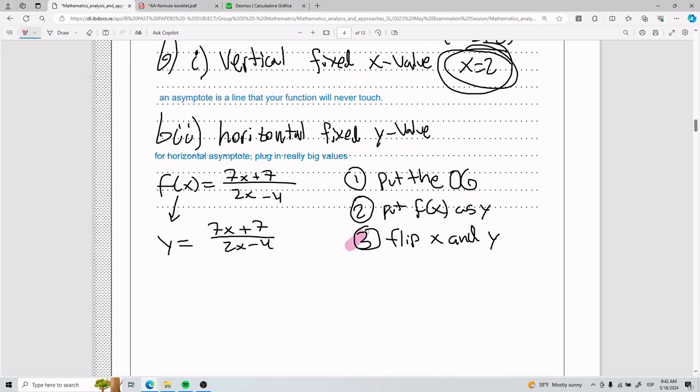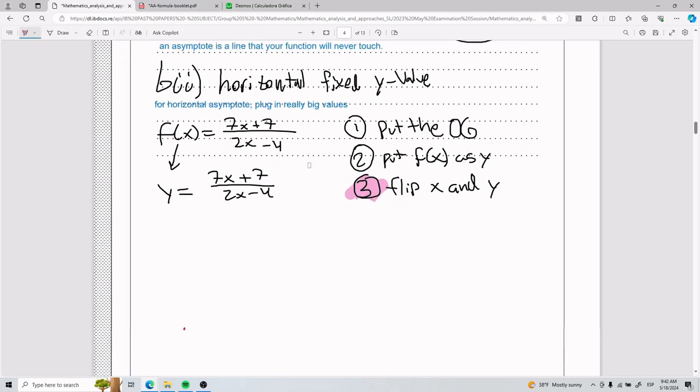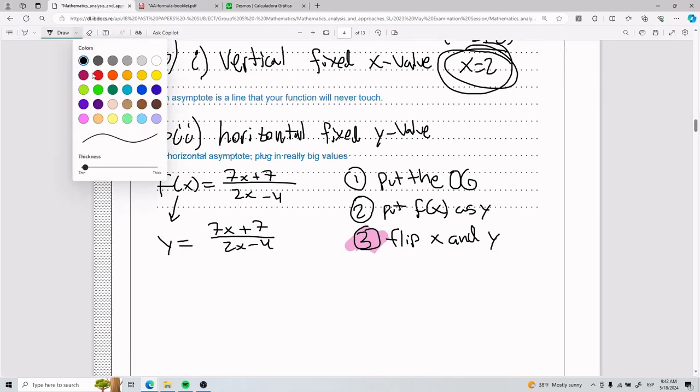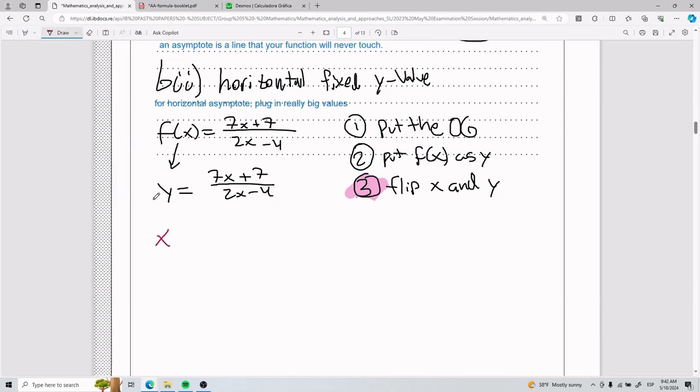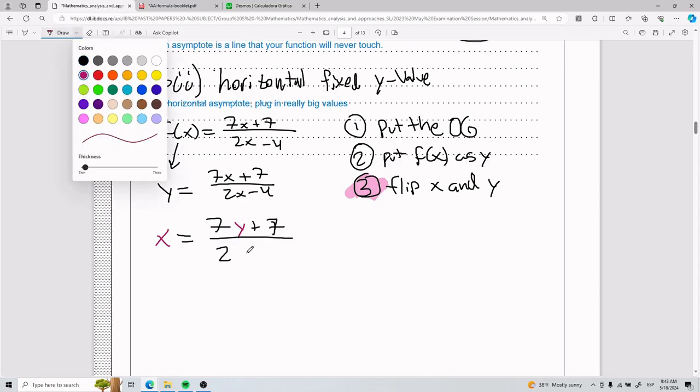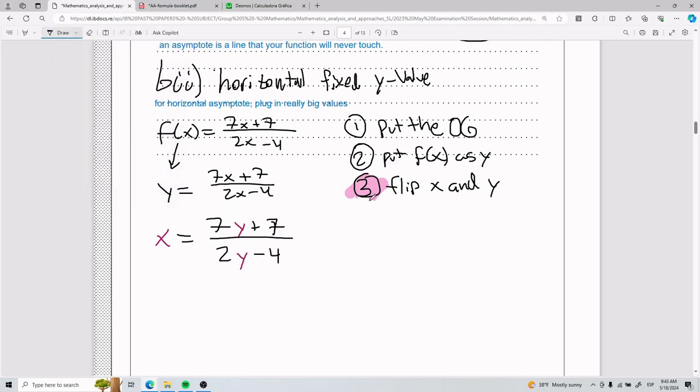The moment you flip x and y, you're now finding the inverse. See? So if you flip x and y, that means you end up with x on the left equals 7 times y plus 7 divided by 2 times y minus 4. And now that you flipped x and y, get y alone.